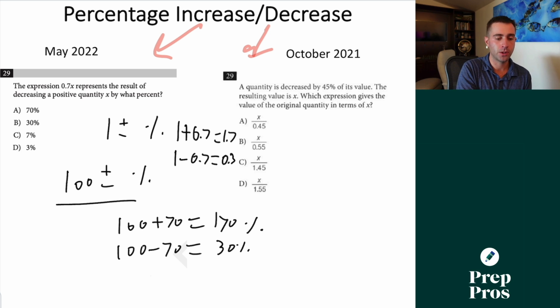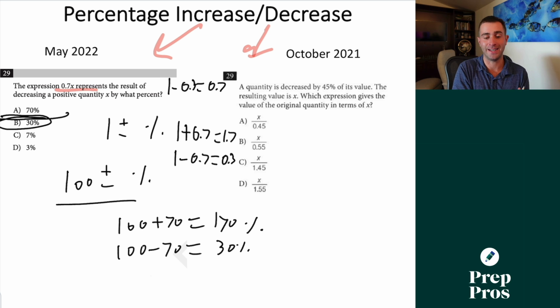So here, as we look back at this, the expression 0.7x represents the result of decreasing a positive quantity x by what percent? Well, we're going to get to 0.7 by simply doing 1 minus 0.3 equals 0.7. Therefore, this is going to show us a 30% decrease.